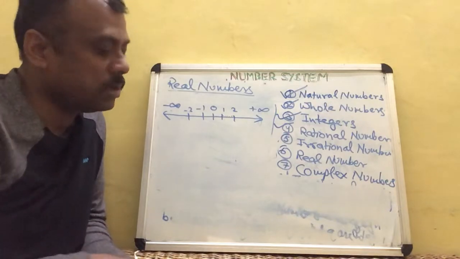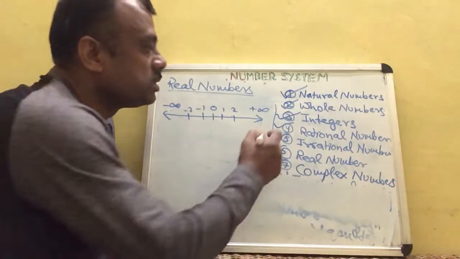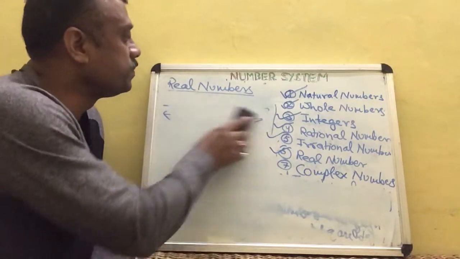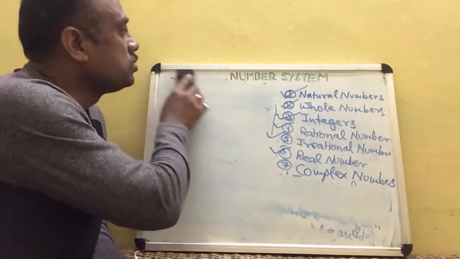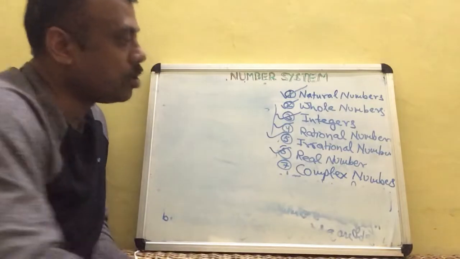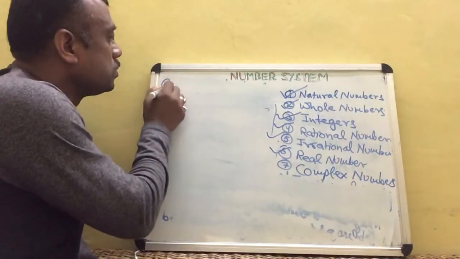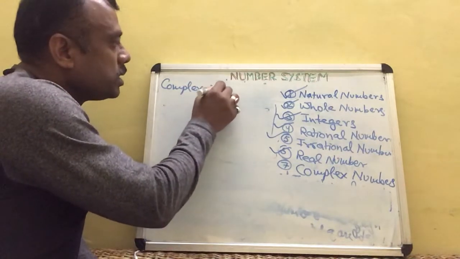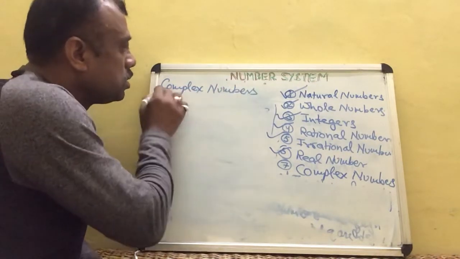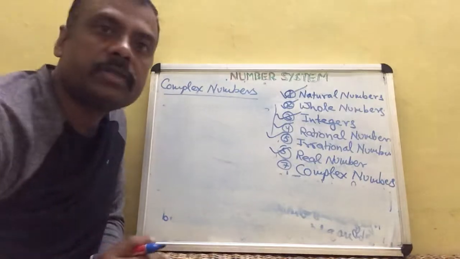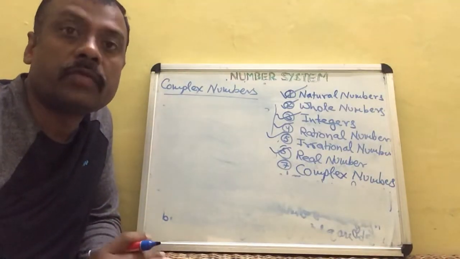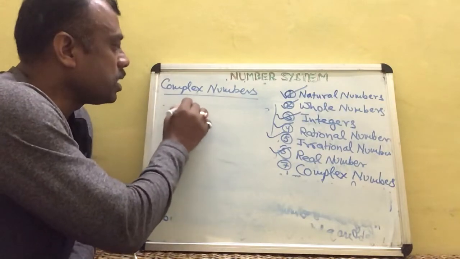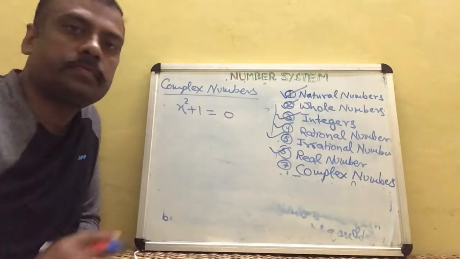Okay. Now let us move to the last number system of today's topic, complex number system. Complex numbers. The development of this number system is to find the solution of this type of equation, x square plus 1 equals 0.